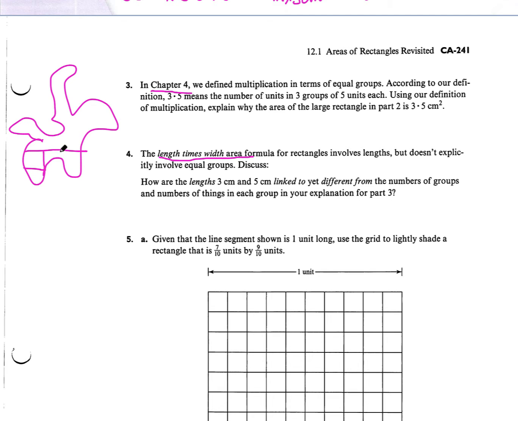Well, we could divide this up into 1 by 1 pieces, but as you can see, we'd have some that are whole and some that are not. So we would end up having to find how many of these we could find and then put them back together again and just count them. So we can't always use length times width to explain area.